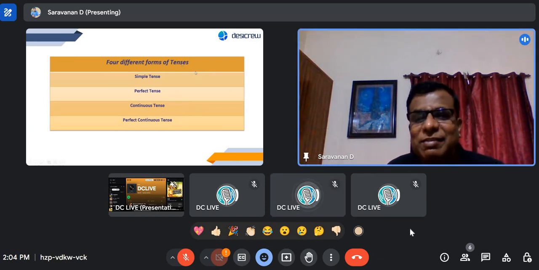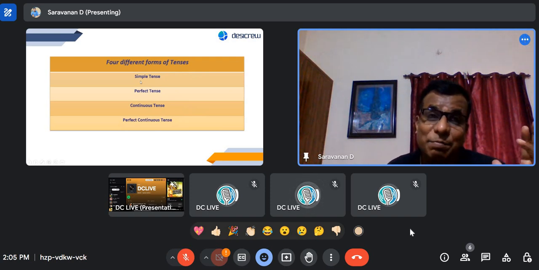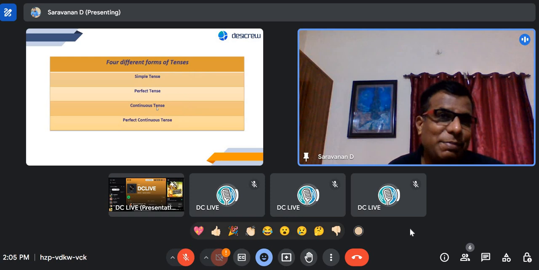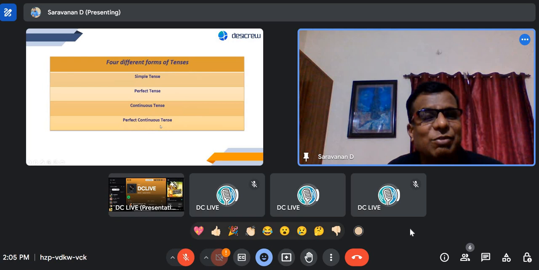For example, simple tense, which I'll explain in a while, can become simple present tense, simple past tense, simple future tense. Similarly, perfect tense becomes perfect present, perfect past, and perfect future tense. Similarly for these two tenses. So it becomes 3 into 4, so it becomes 12, isn't it, Shakti? Yes sir, 12 tenses.